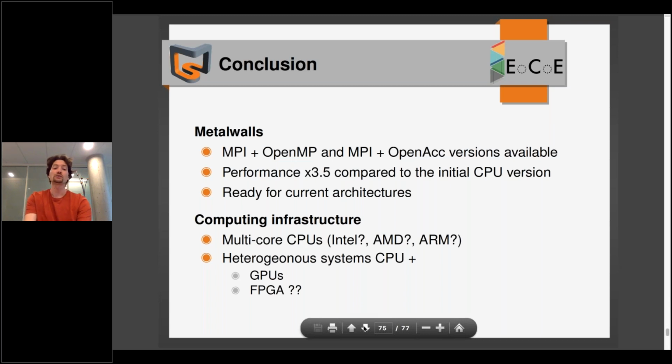We will definitely also have heterogeneous systems, especially the tier 0 machines that will try to reach exascale computing, which will very likely be heterogeneous: CPU plus something else, plus GPUs, like the OpenPower line, and they are definitely on good track to reach exascale systems. So we will see. But FPGA could also be another road to go there, and maybe yes, we have to keep an eye on this kind of device.